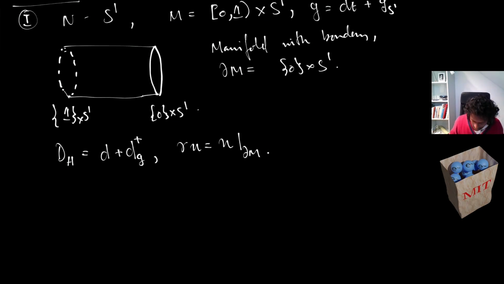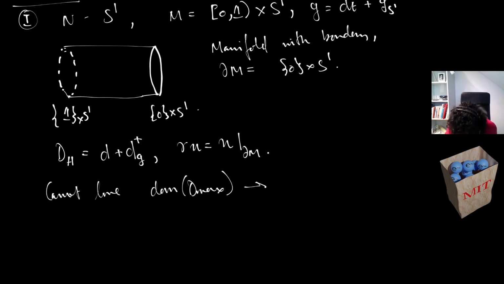But here we absolutely cannot have dom d max being a surjection to just the trace on one end, the boundary trace on just 0 cross S1.